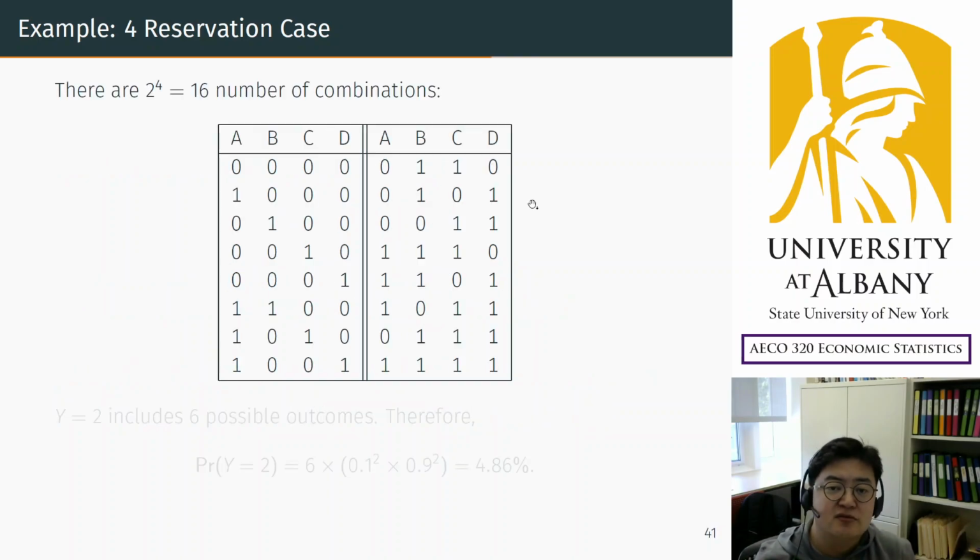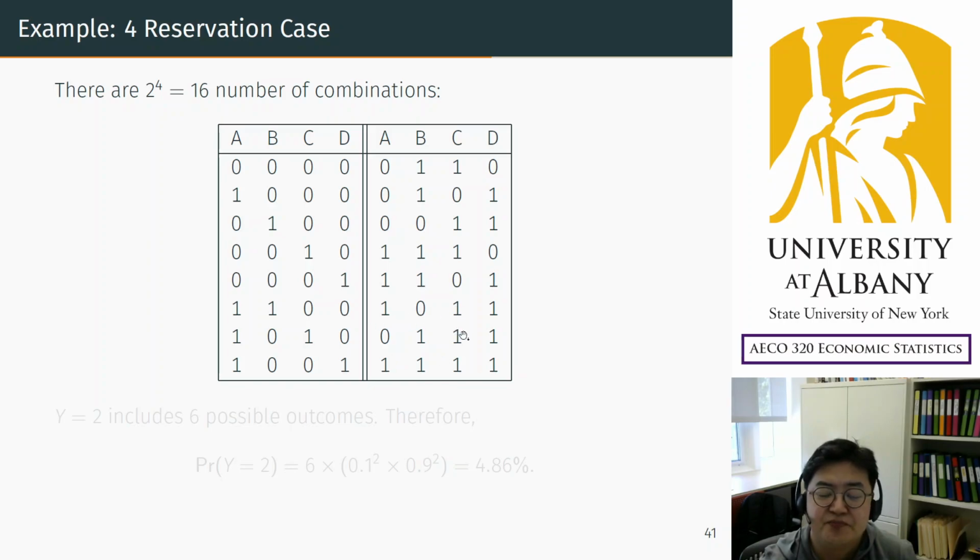Here I wrote down all possible outcomes. As before, 0 means not canceled and 1 means canceled. So here A is canceled, B is canceled, C is canceled, and here A and B are canceled. You can see that the last one is when all reservations are canceled.